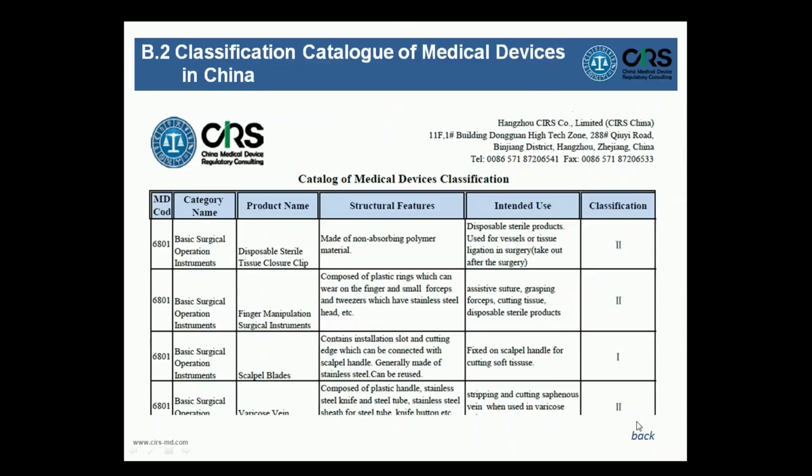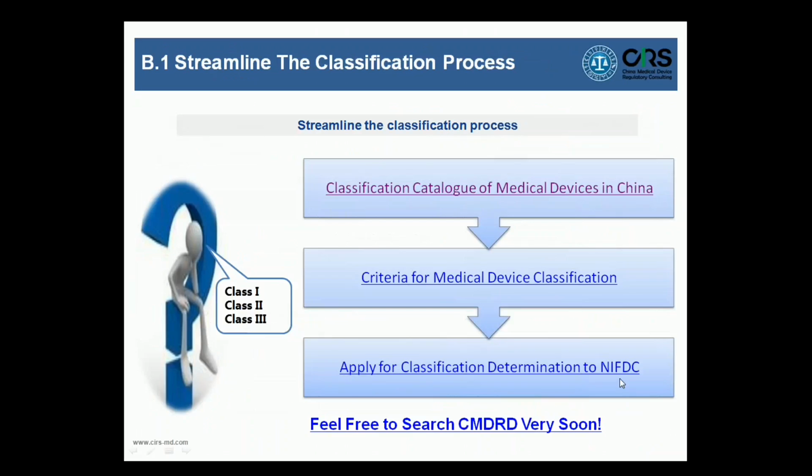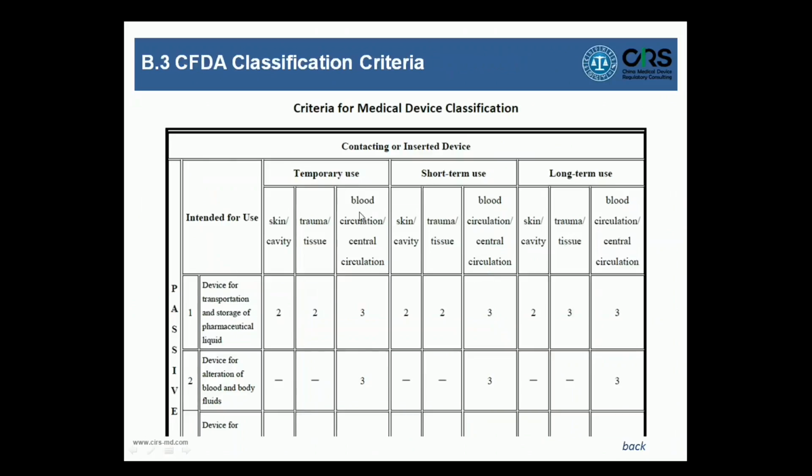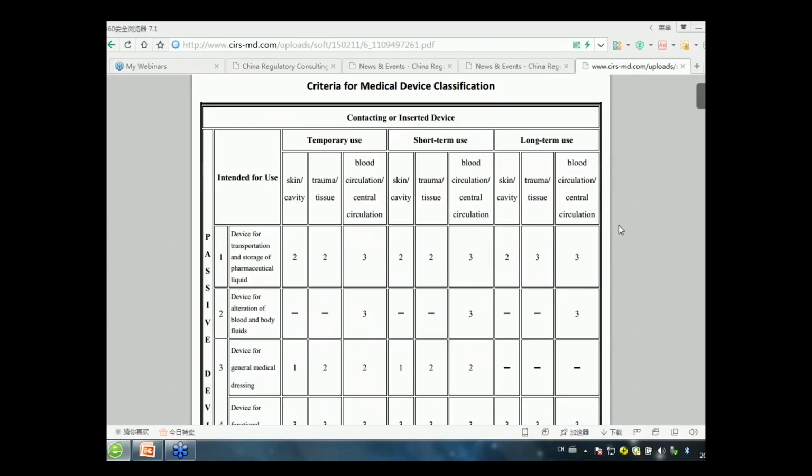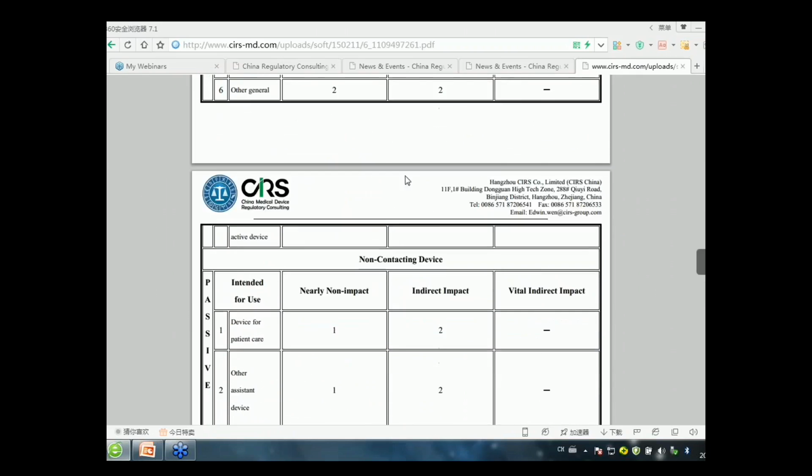Oh, sorry. Go back. If you cannot match your device in the classification catalog, it is very possible that your product has not been classified in China. Then you should use the classification criterion to classify your products. To start, you have to know whether your product is a contact device or non-contact device.